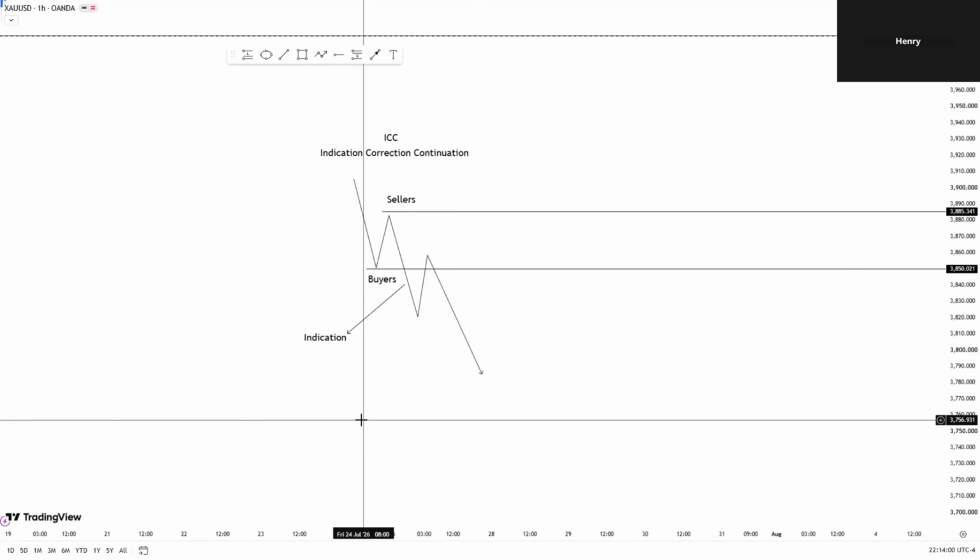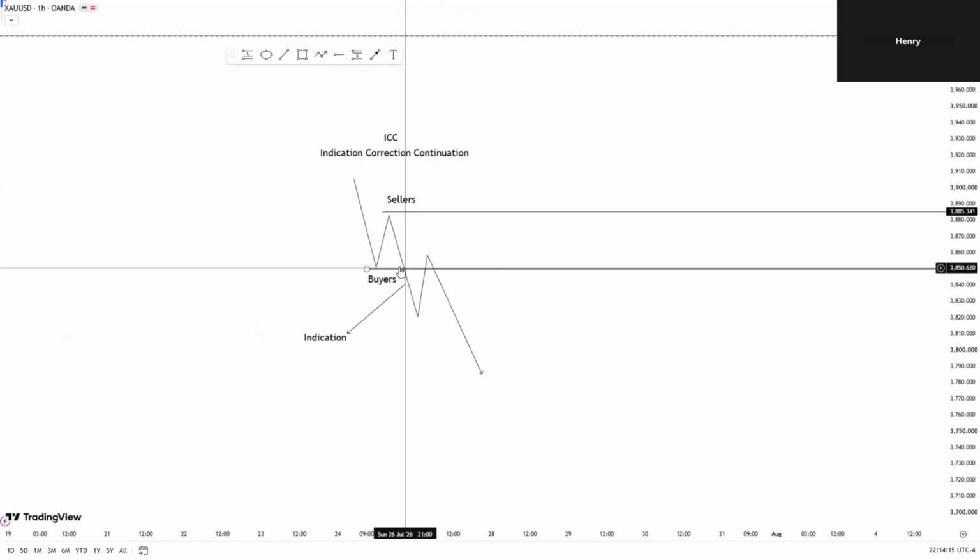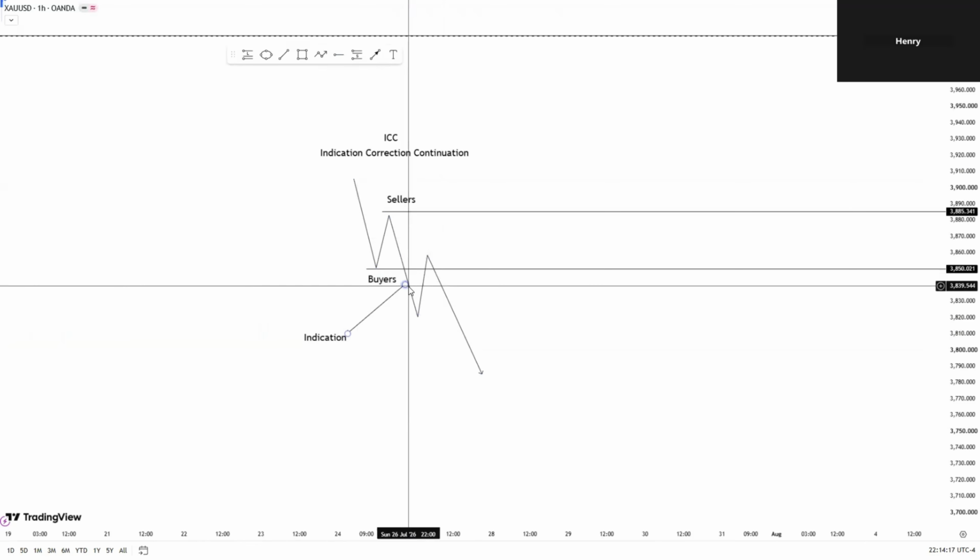What is an indication? An indication is simply telling us that price has the potential to sell or to buy above or beneath a level, right? So once price breaks underneath a level of buyers, this breakout is called an indication.